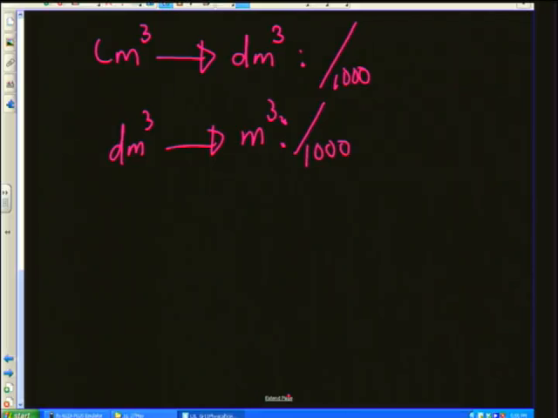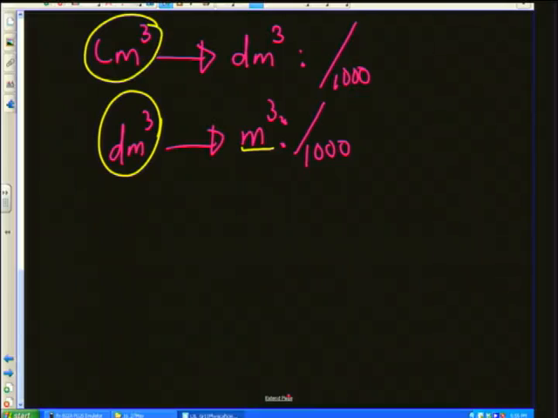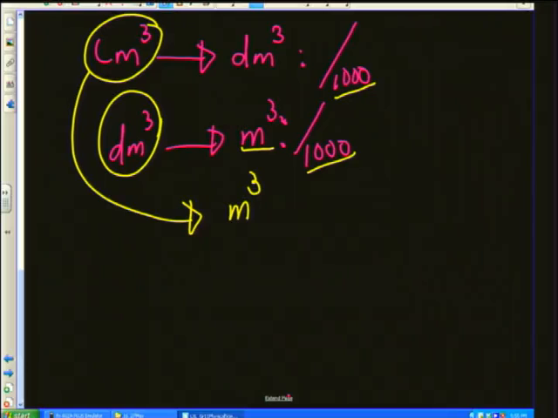Now, the issue is, I'm not going from cubic decimeters to cubic meters, but I am going from cubic centimeters to cubic meters. It means I am dividing by 1,000 and another 1,000. And that means that I should be dividing by 1,000,000. Okay?